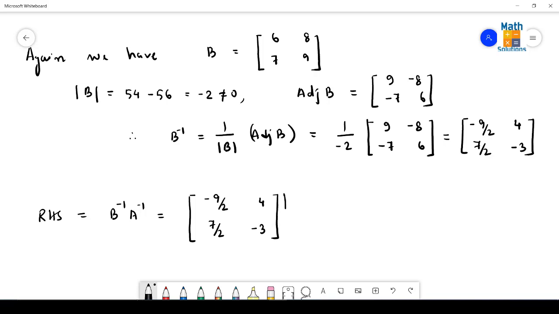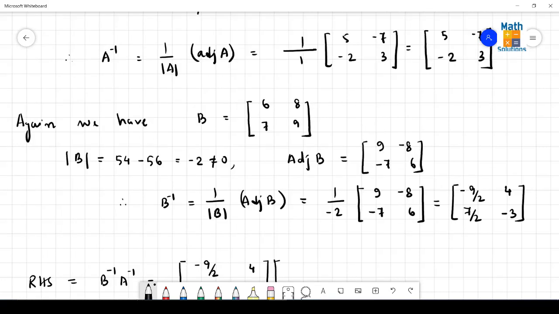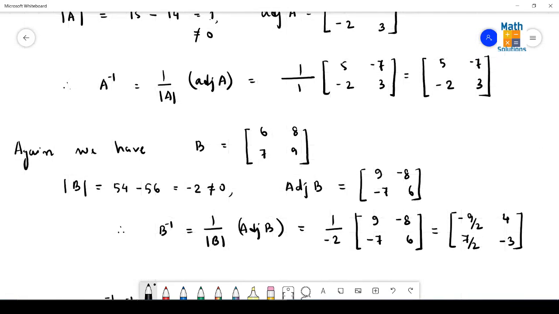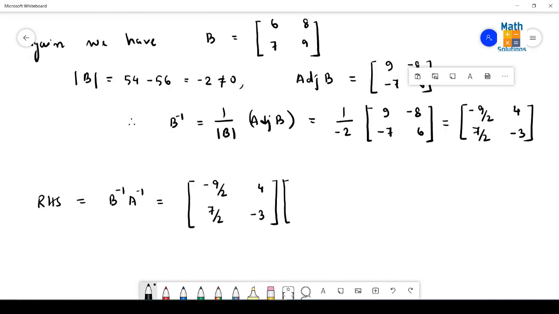Then A inverse, the result I got as 5, minus 7, minus 2, 3.